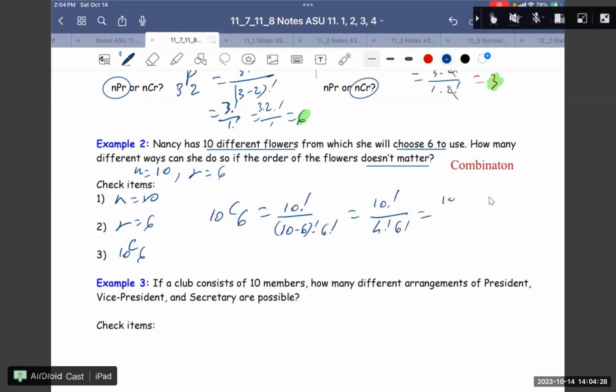So this is 10 times 9 times 8 times 7 times 6 factorial over 4 times 3 times 2 times 1 times 6 factorial. So 6 factorial is gone, and the 4 times 2 cancels out the 8, so we have 3.